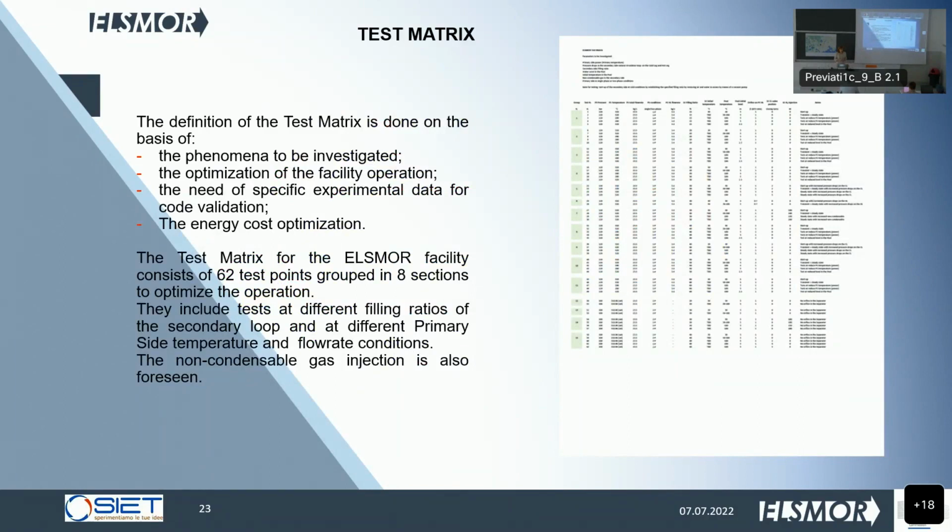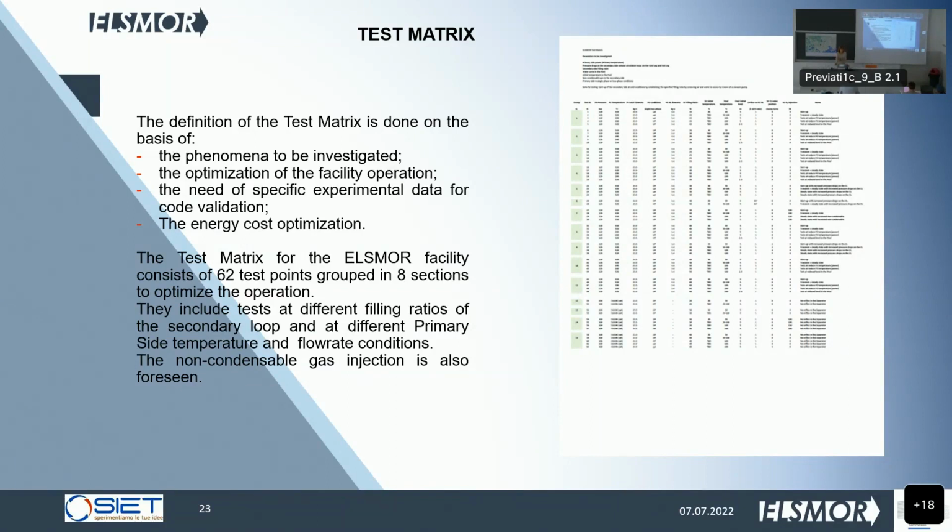Then also we can define the test matrix in order to optimize the facility operation. Another item that can be useful to define a test matrix is if there are specific needs for code validation, need of data for code validation.